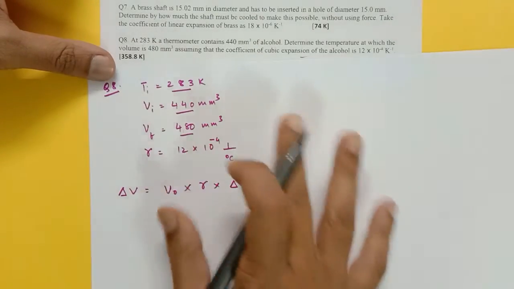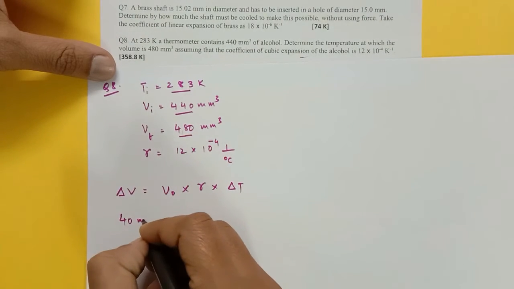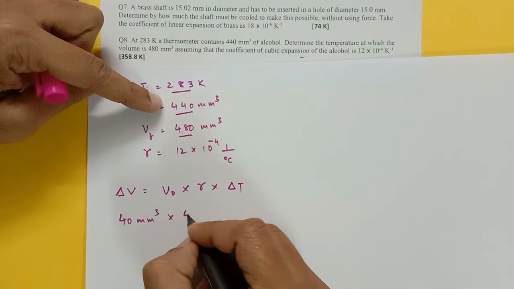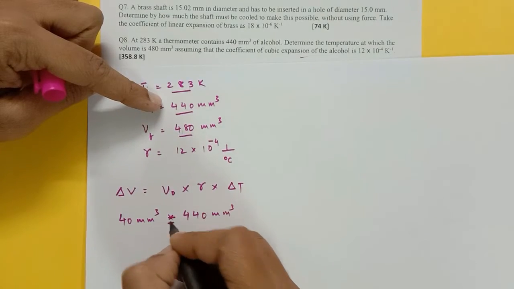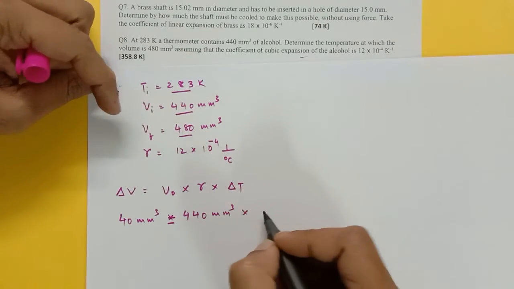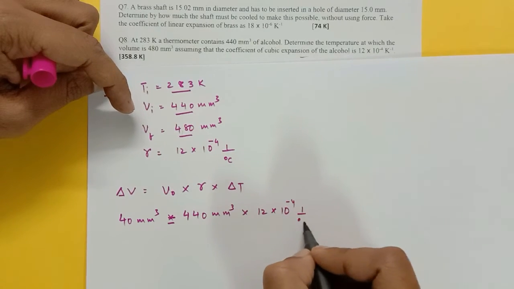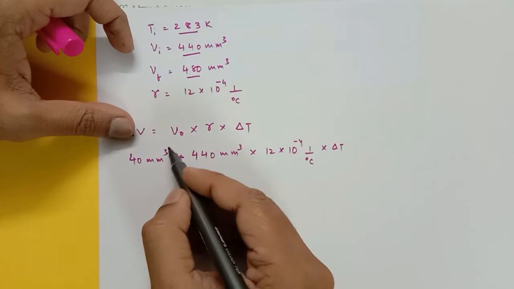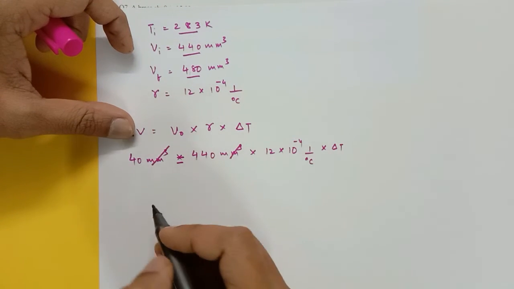So change in volume is equal to this minus this, that is 40 mm cube, multiplied by V0 is initial volume, 440 mm cube, sorry, that is equal to V0 into gamma is 12 into 10 raised to minus 4, 1 upon degree Celsius into delta T. Now this millimeter cube is going to get cancelled. This degree Celsius will go up over there.